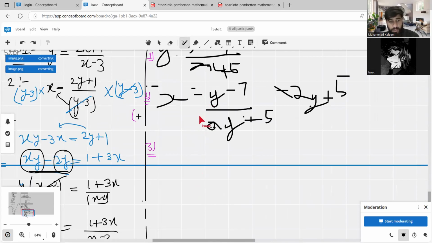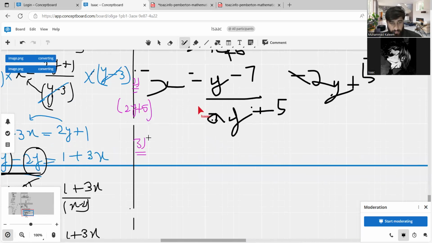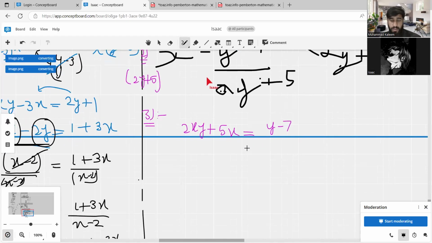So we have (2y plus 5) into x. So what will it be? It would be 2xy plus 5x is equal to y minus 7, right? Now what will we do?